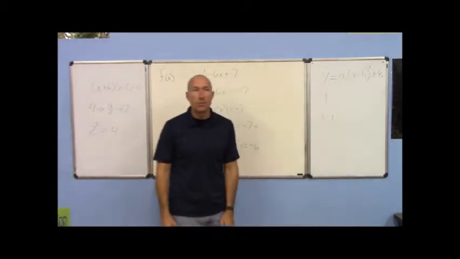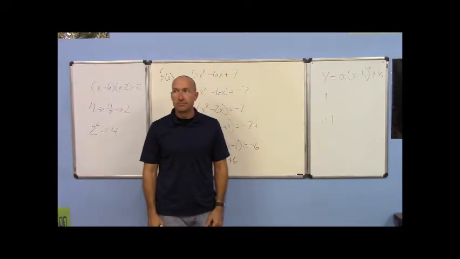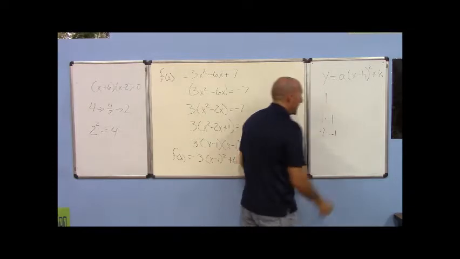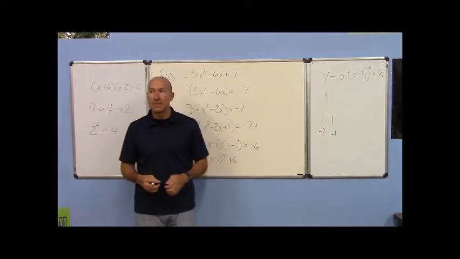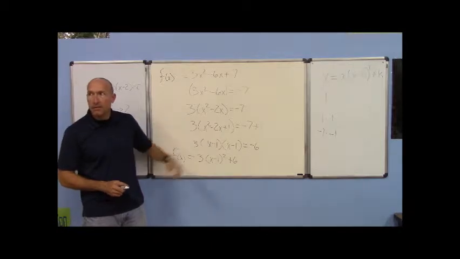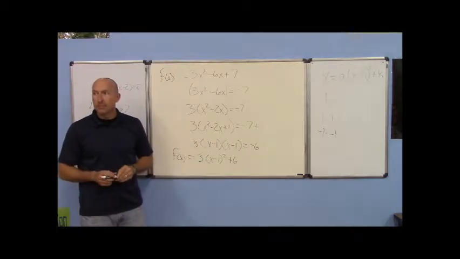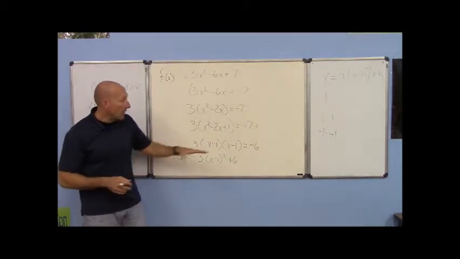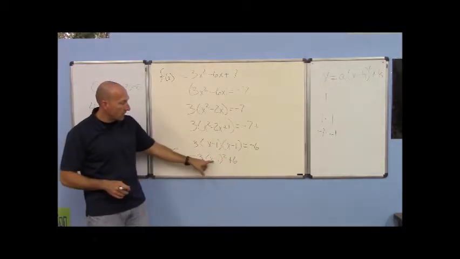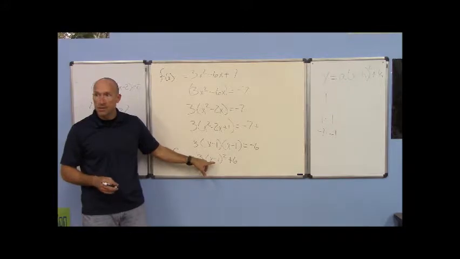What else will give you a positive 1? Negative 1 times a negative 1. Now, which one of these, when you add them together, gives you a negative 2? Got it? And then all we did is from here we renamed it, because x minus 1 times x minus 1 is the same thing as x minus 1 squared.